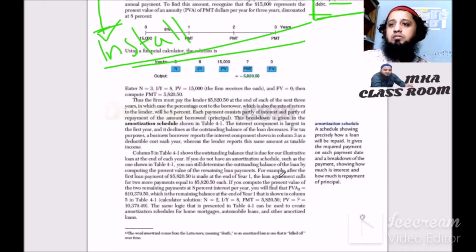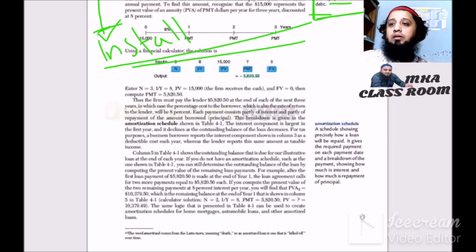And this has a schedule that's called amortization schedule, a schedule showing precisely how a loan will be repaid. It gives the required payment on each payment date and breakdown of the payment showing how much is interest and how much is repayment of principal.